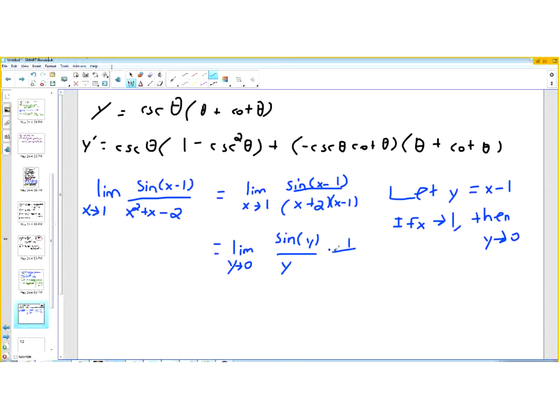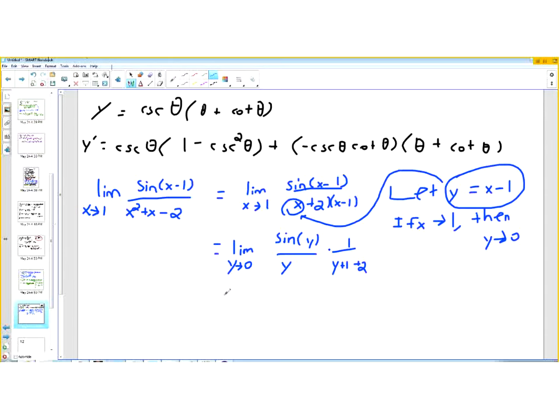So now the problem becomes this. And so x is y plus 1, right? So we replace x with y plus 1 plus 2. Solve for x in this equation, and you'll see that x is equal to y plus 1. And then I just plug that value of x in right there.